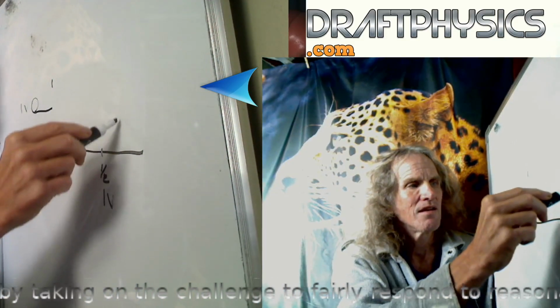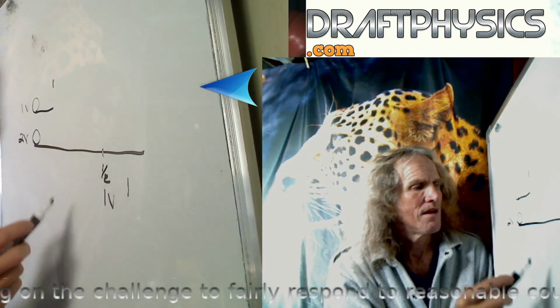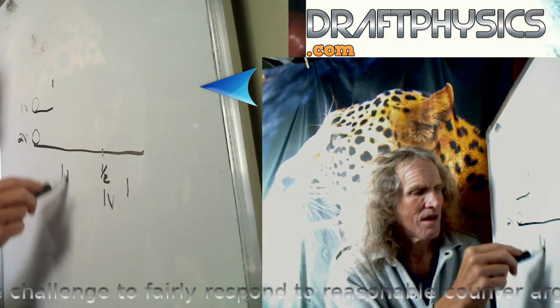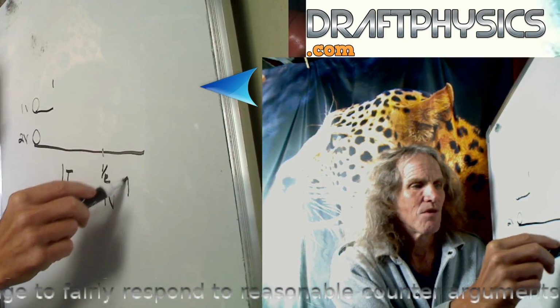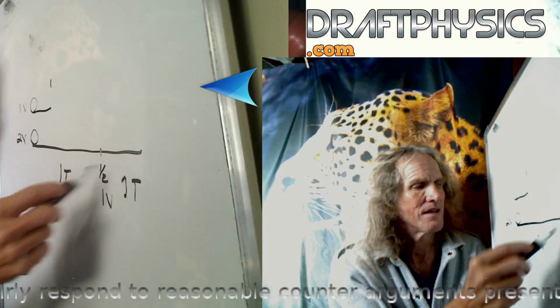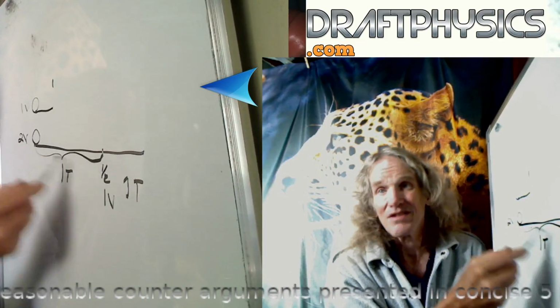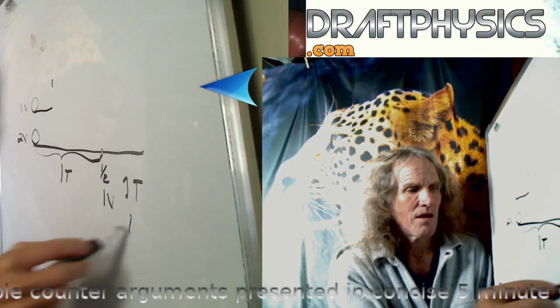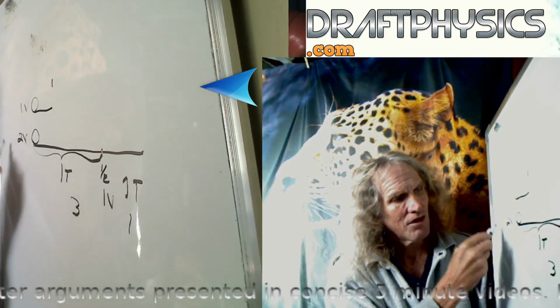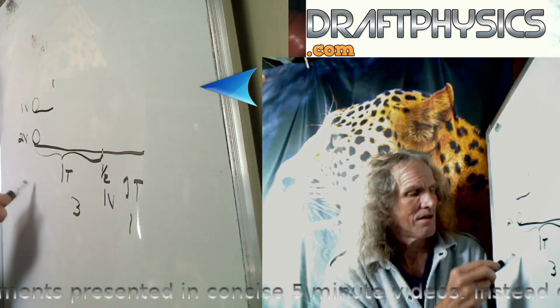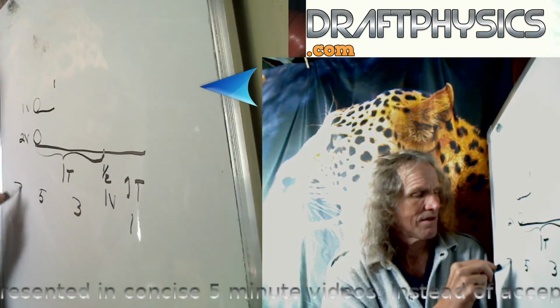This will take 1 unit of time, and this will take 1 unit of time. The 1 unit of time in this case is going to be 3 units of distance. As Galileo discovered, it's 1, 3, and if I let it go faster and faster, it would be 5, and then 7.